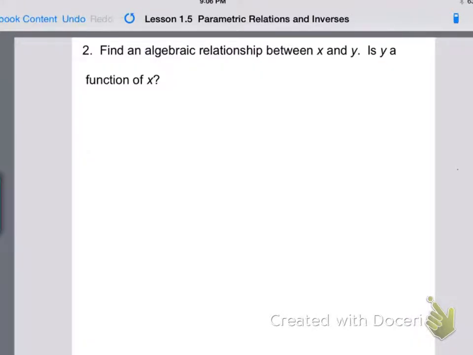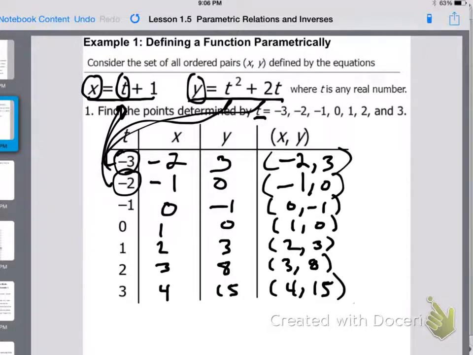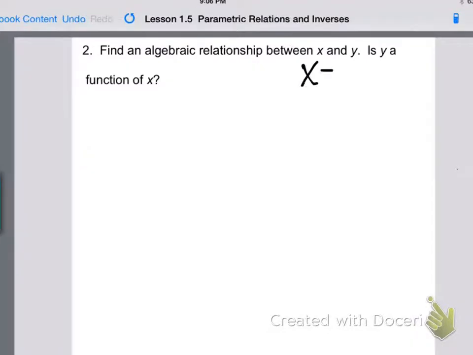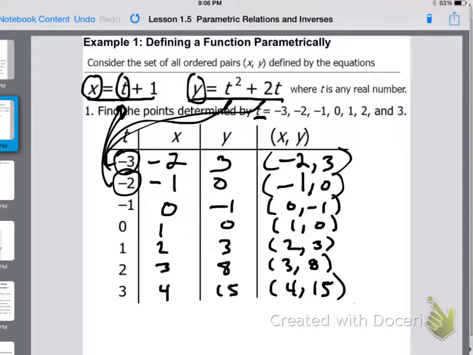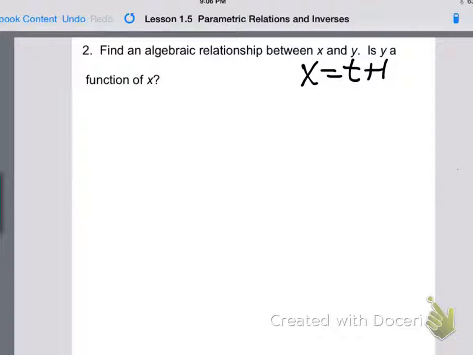Alright, to the second part of this first example. We want to find an algebraic relationship between x and y, and then answer the question, is y a function of x? So let me rewrite our parametric relation. That was x equals t plus 1, and then y equals t squared plus 2t.